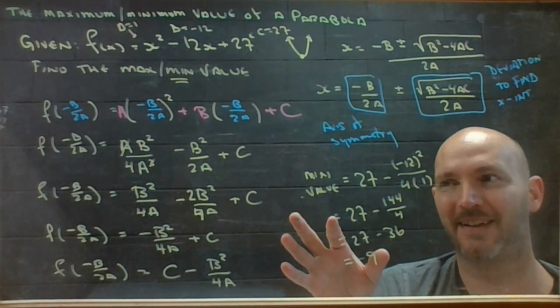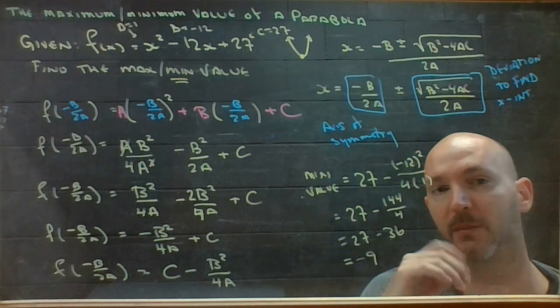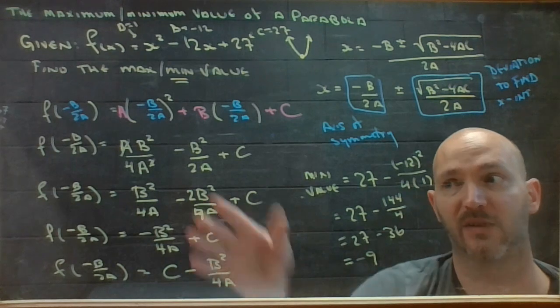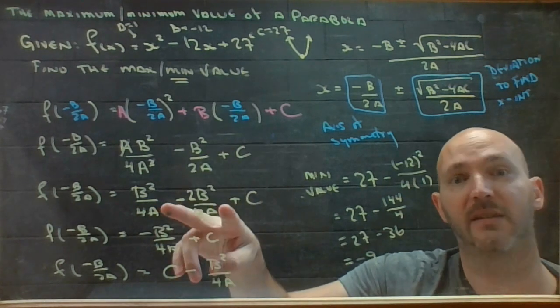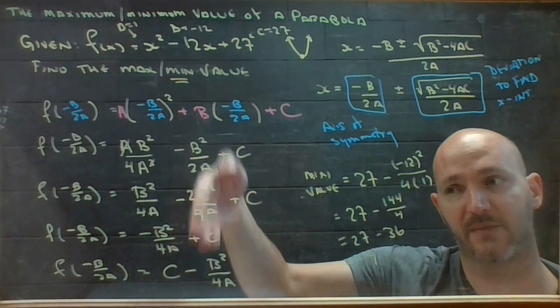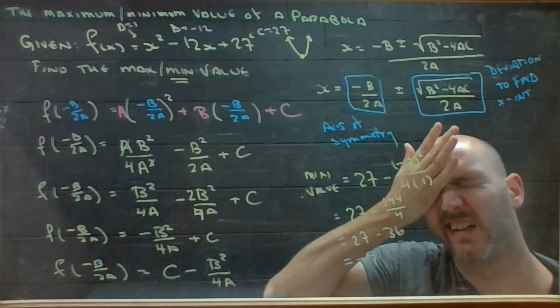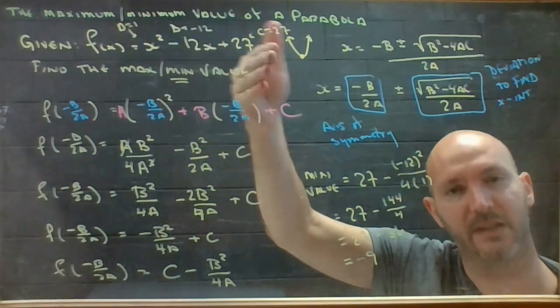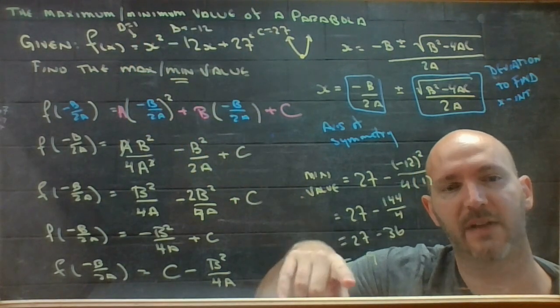So, what's the point? Remember all that quadratic formula stuff I had to do in order to find the x-intercepts? And then I had to draw a picture, and I had to plot the x-intercepts to find the axis of symmetry. Then I had to take the axis of symmetry and put it back into the equation in order to get this min value.